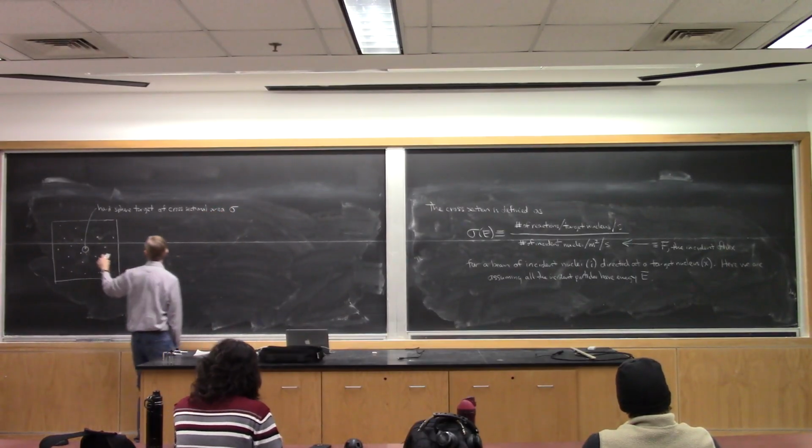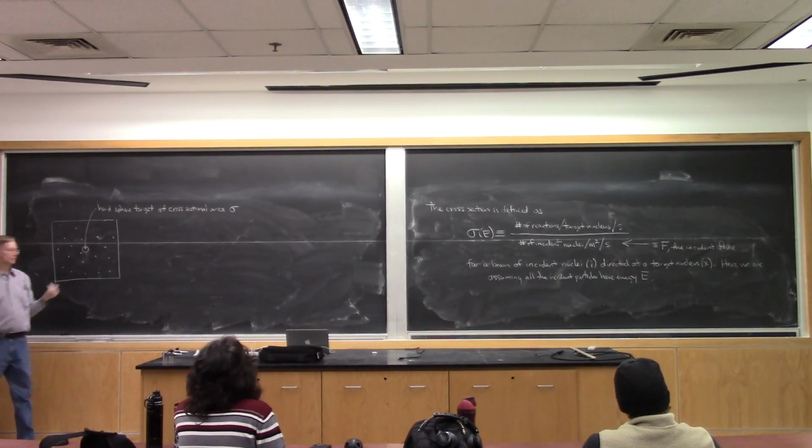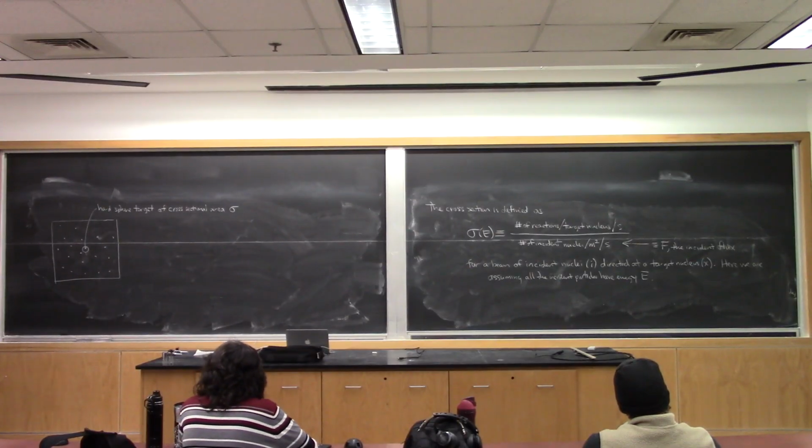If we call the cross-sectional area of that hard sphere, we're representing the nucleus as a little hard sphere. Imagine it like a little billiard ball, so to speak, in a mental picture, and you're shooting little tiny particles at it. And the question is, how many of them smack it every second? There's a hard sphere of target cross-sectional area A.